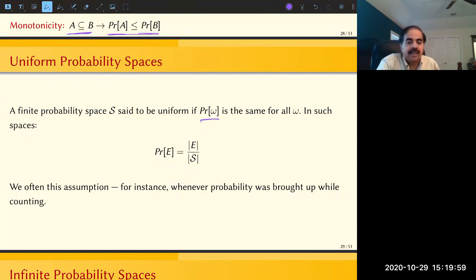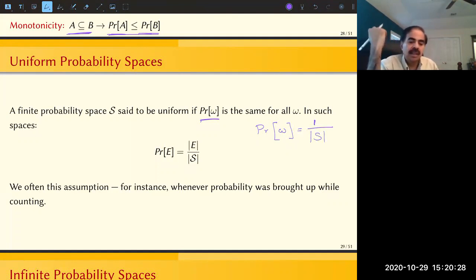And once we say it is equal, then that follows that, by convention, we use a square bracket for probability. So probability of omega is 1 divided by the size of the set, the size of the sample space, right?